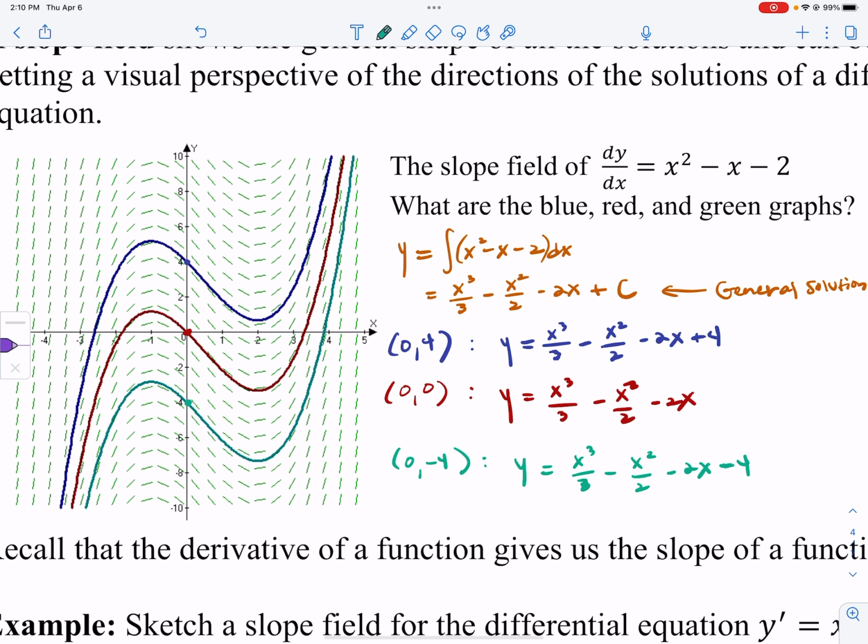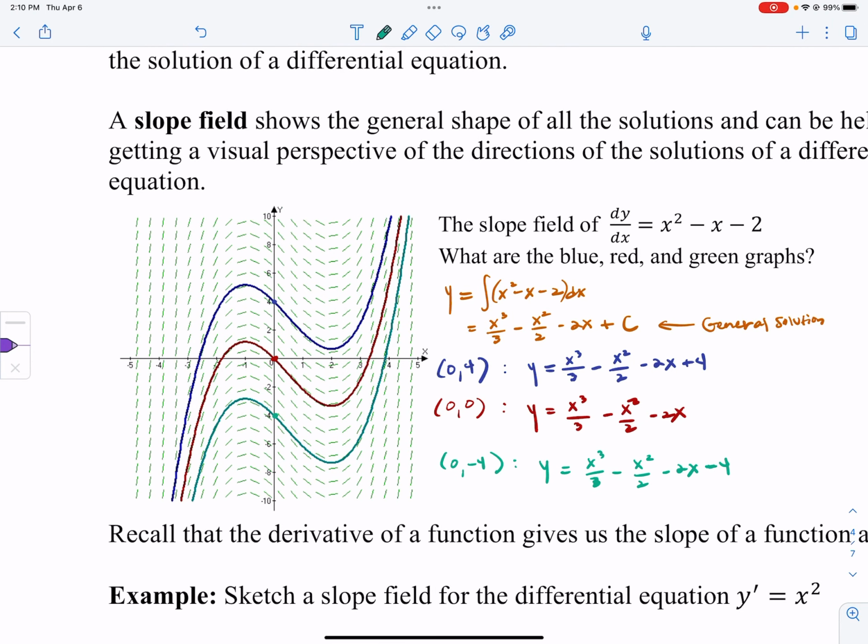Okay, so those are three particular solutions to that differential equation, but you could see just looking at the slope field, those little green line segments, the general shape of all of the possible solutions to that differential equation that are all just shifted up or down, so all differ by a constant c.